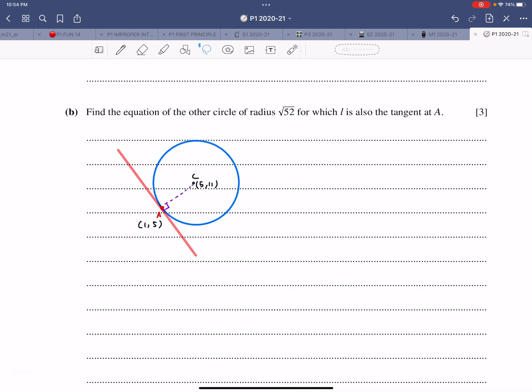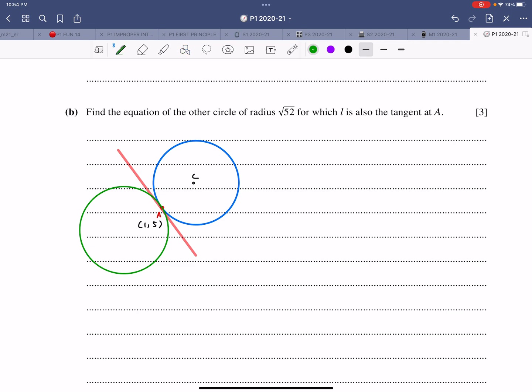So let me remove the unnecessary details. That is this thing. And let me remove this thing. And that's it. So let that other circle be a green circle. And that circle would be something like this. So it's also tangent.